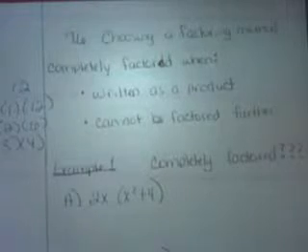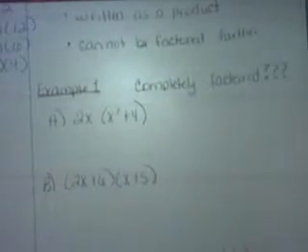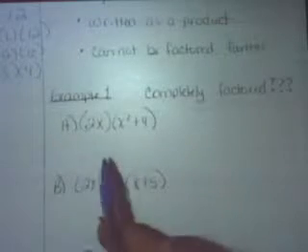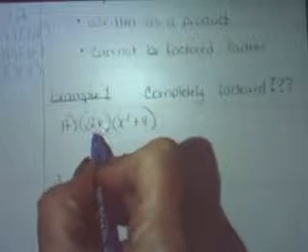So let's try this out on example 1. Are these completely factored? Well, let's check it out on A. If I put parentheses around the first group, I can now easily see that I have a product. I have the first group times the second group. So let's look at this first group. Can I factor anything out of 2x?